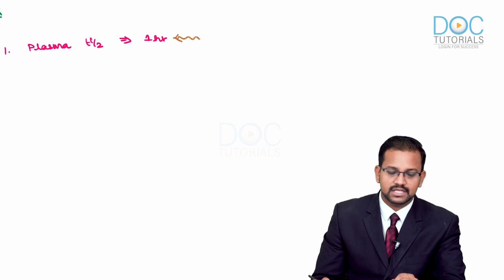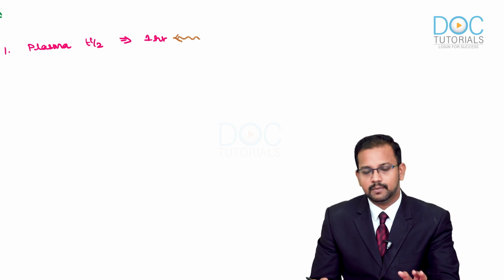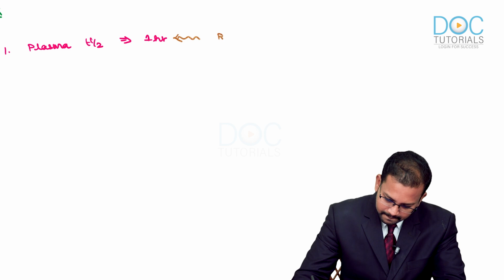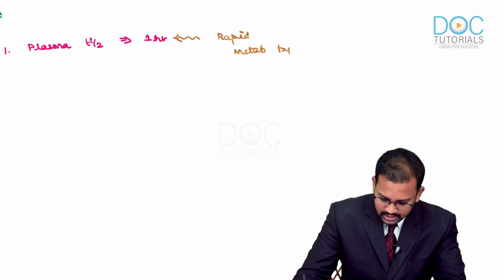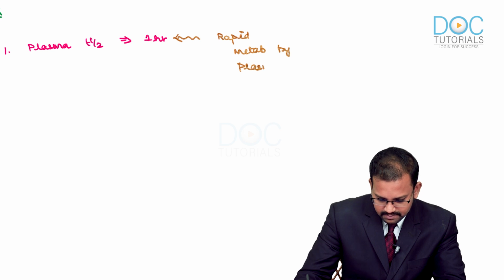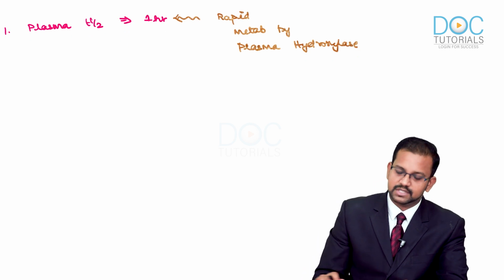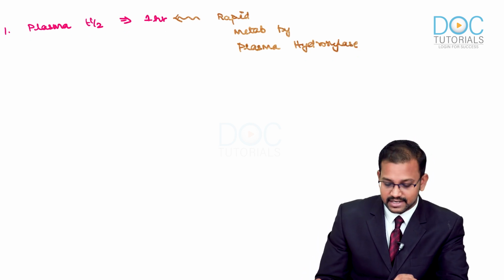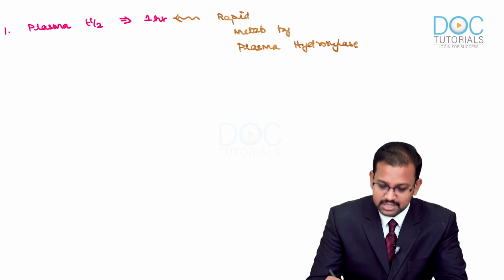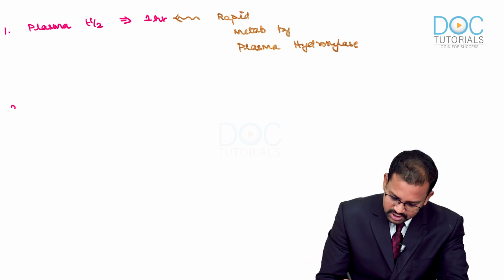It is because Remdesivir is rapidly metabolized by plasma hydroxylase enzyme. So plasma hydroxylase enzyme is going to be rapidly degrading it, and that's the reason why the plasma T-half of Remdesivir is going to be very much shorter.